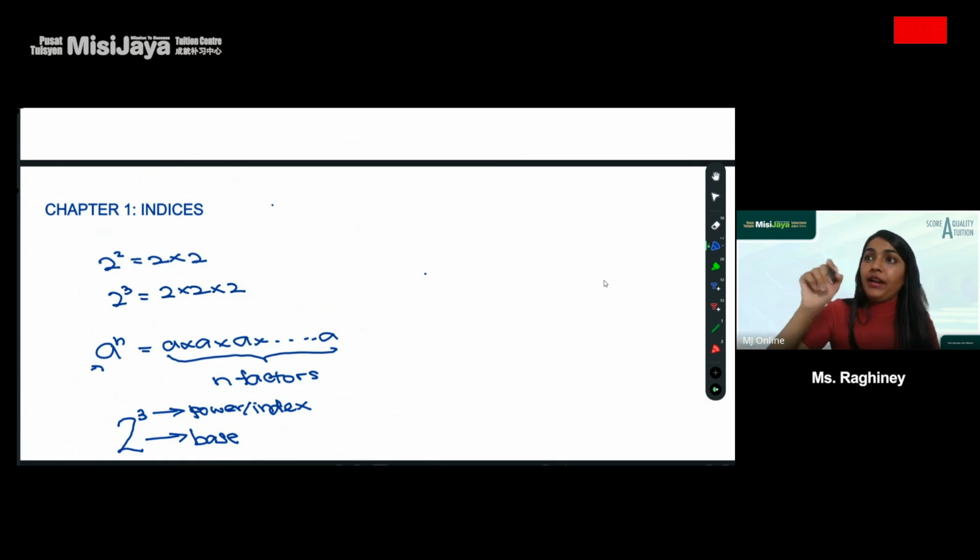If it's a square, like 3 squared equals 9, if you take the square root of 9, then you'll get 3. But what if it's not a square root? What if it's a cube root? Like 3 times 3 times 3. The cube root of 27 is 3, for instance.